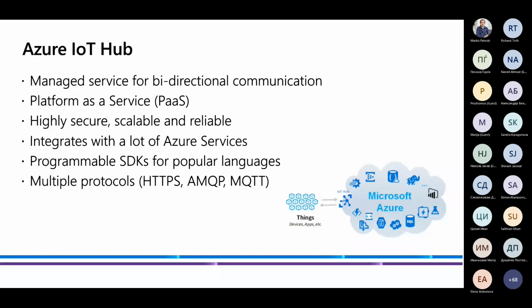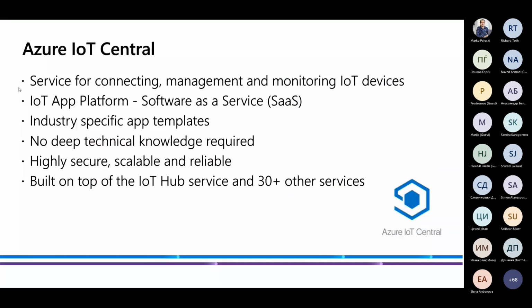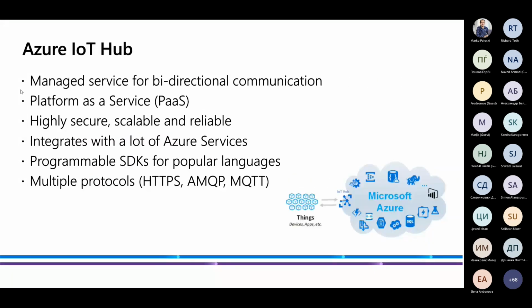Azure IoT Hub provides us with an extremely safe and reliable communication between the application and the devices it manages. Second, it allows two-way communication, as you can see in the picture.